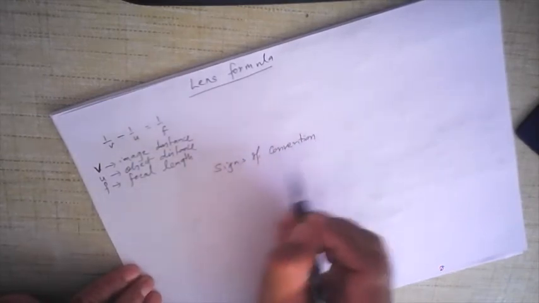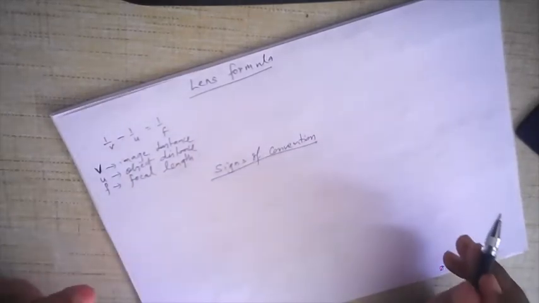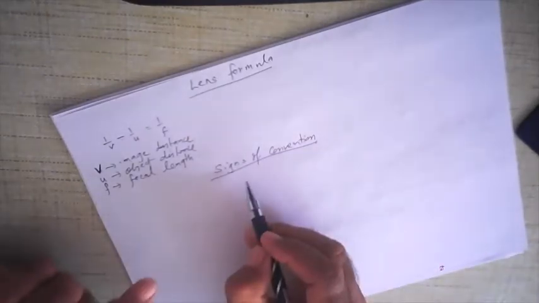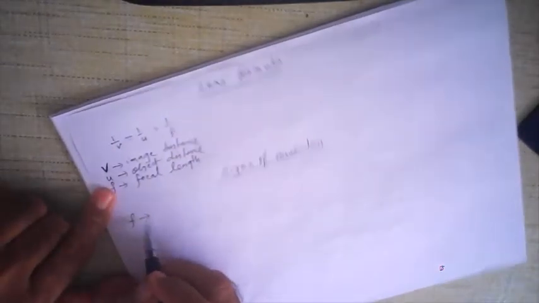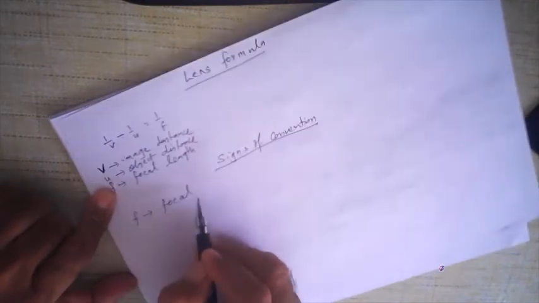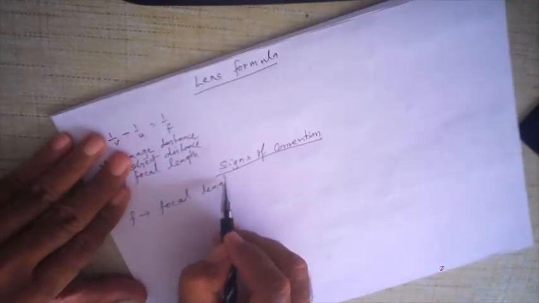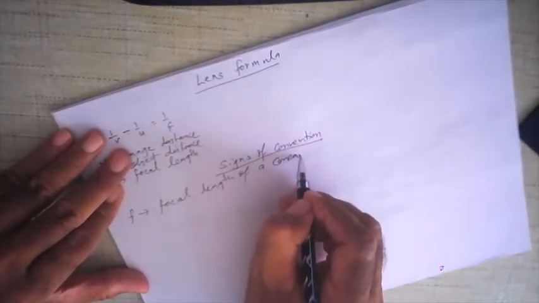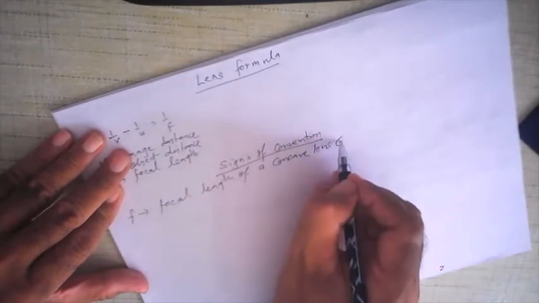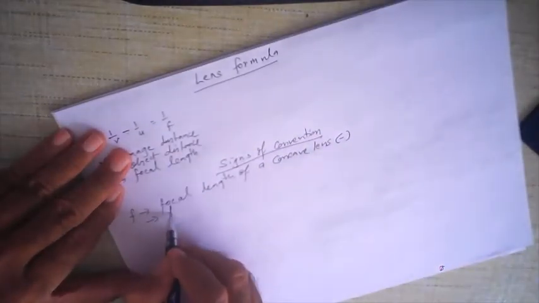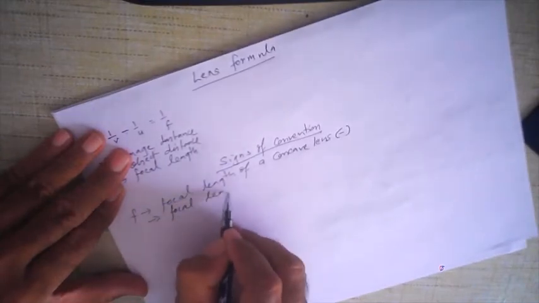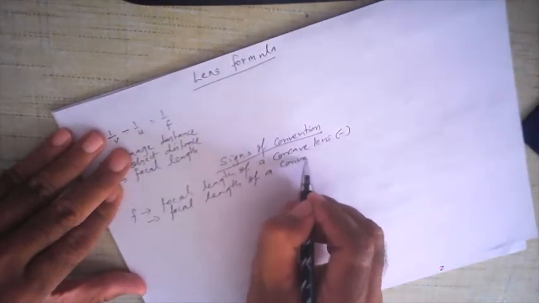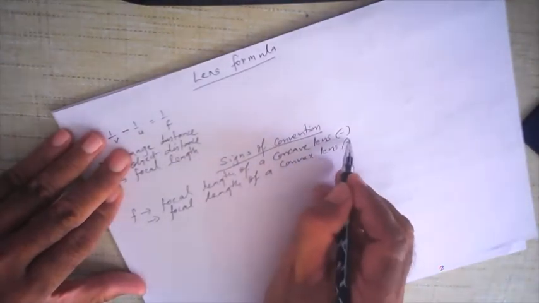The signs of convention are the same, but remember one thing: the focal length F of a concave lens is always negative, and the focal length of a convex lens is always positive.